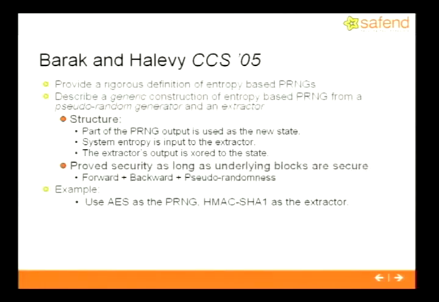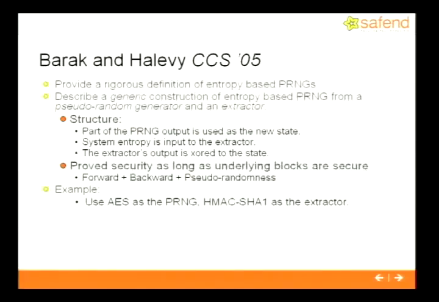There is a new result from last year, a new theoretical academic result from Boaz Barak and Shai Halevi. That's from CCS, an academic conference, that provides a framework for entropy-based PRNGs. It's a good framework using some stable structures that can be used to prove forward security, backward security, and pseudo-randomness.